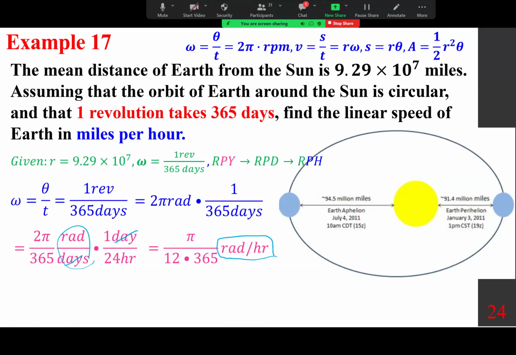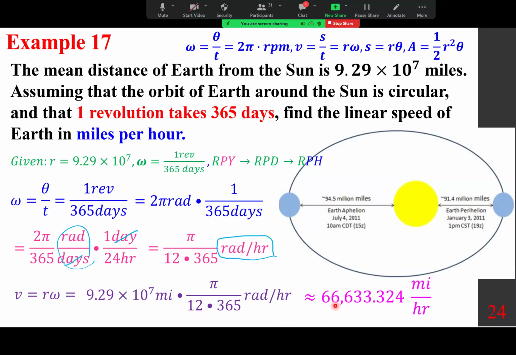And now V equals R omega, everybody. What is R? 9.29 times 10 to the power of 7. You multiply this number by this number, you put it into a calculator, and now everything is ready to give you the proper units. 66,633.324 miles per hour. Fascinating, huh?